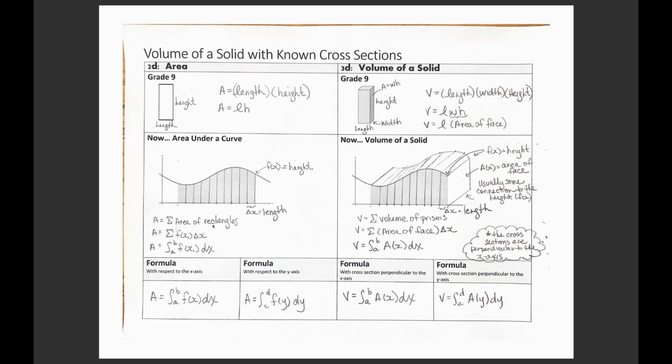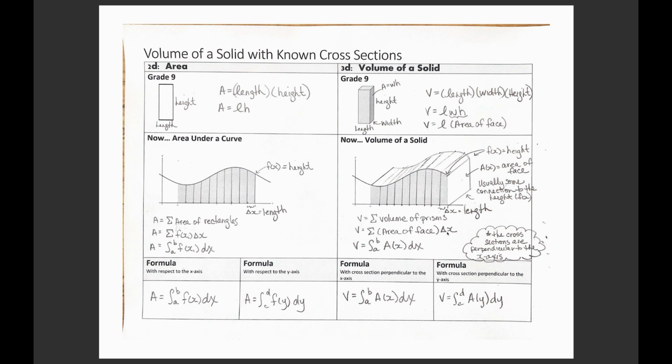So if we take the same idea, here we have the sum of our areas of our rectangles. To find our volume, we're going to take the sum of the volumes of the prisms. And to find the volumes of the prisms, we find the area of the face of the prism, which would be this piece right here. That's determined by usually some kind of connection to the height or the function that you're working with.